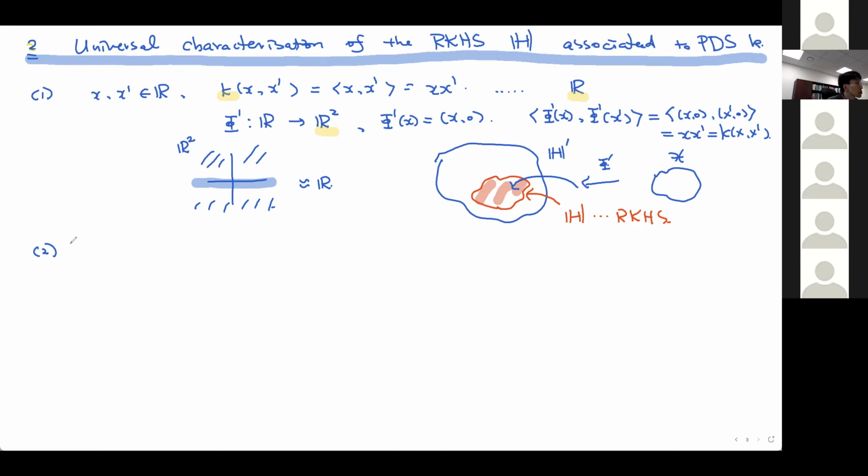Which you can also prove. I'm going to upload the notes. The notes describe some sketch of the construction here.